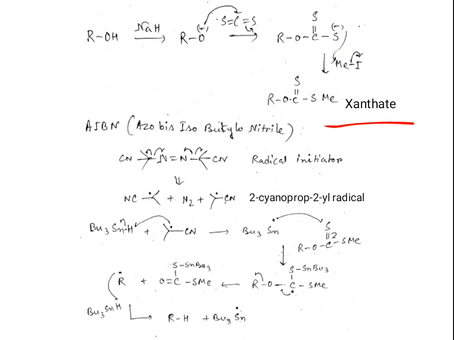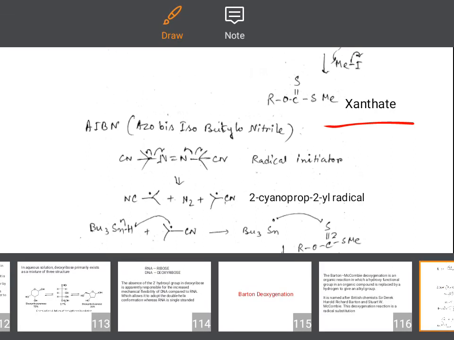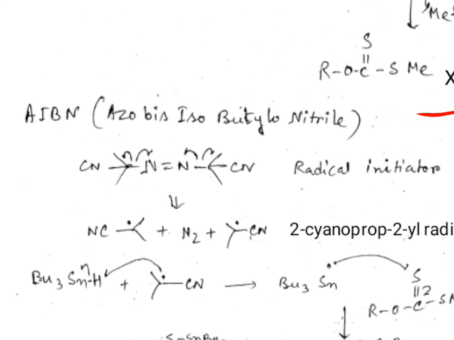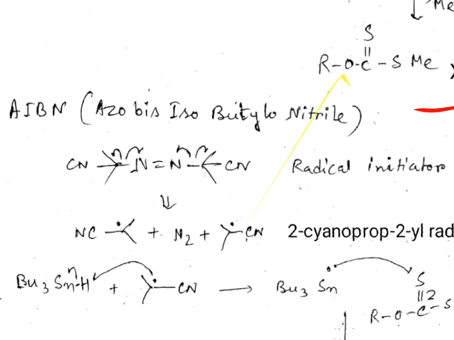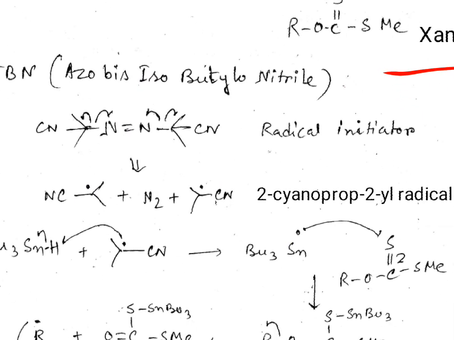Now come to the structure of AIBN, that means azobisisobutyronitrile. This is the structure of AIBN and this is the radical initiator. Let me zoom in. This is actually the radical initiator.